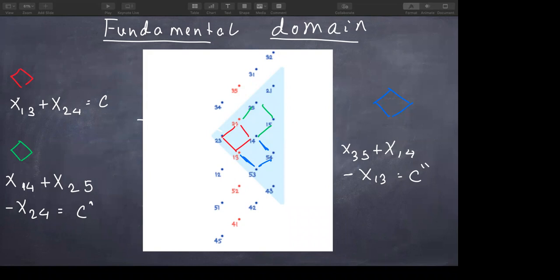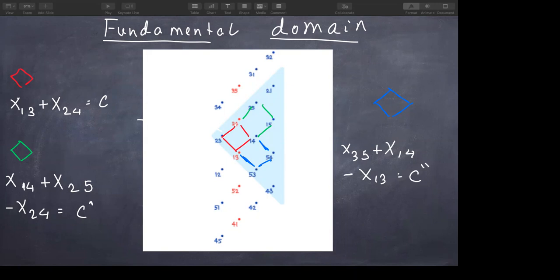And now you see that in this fundamental domain, there are three wedges, like three smallest wedges, which are not intersecting. And for each wedge, these cluster algebra equations take a very beautifully simple form.